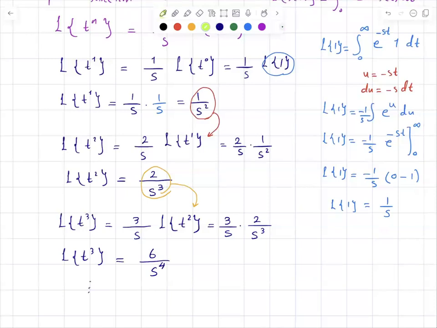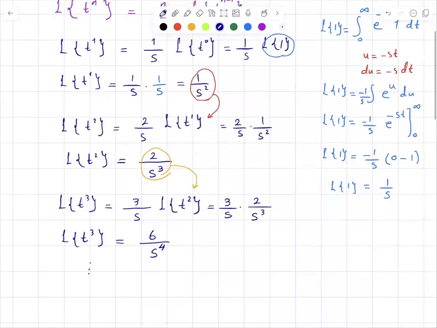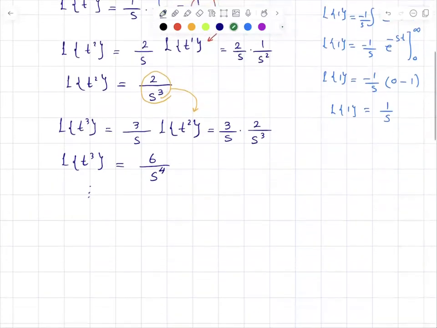The Laplace of t to the first is 1 over s squared. So let us copy this down here just to show you the pattern. The Laplace of t to the first is equal to 1 over s squared. The Laplace of t squared is equal to 2 divided by s cubed.